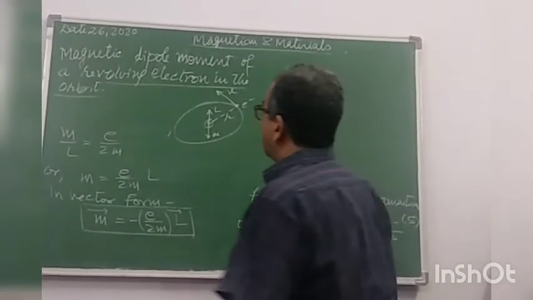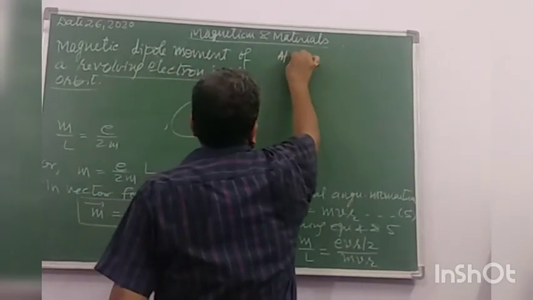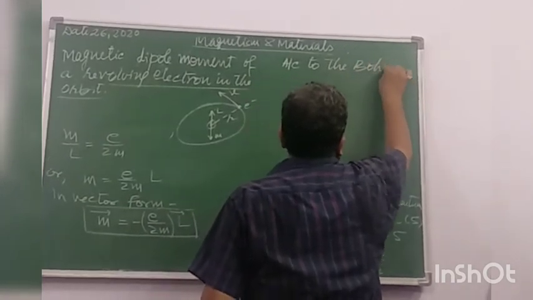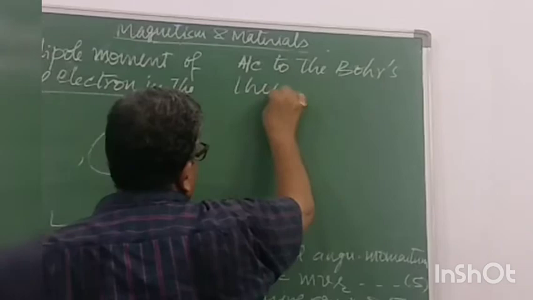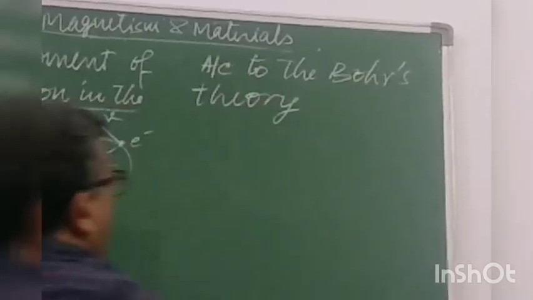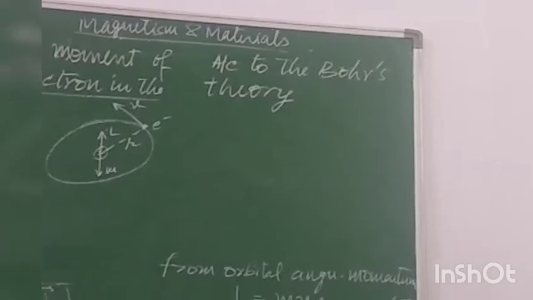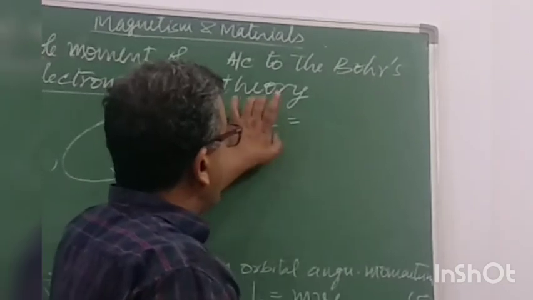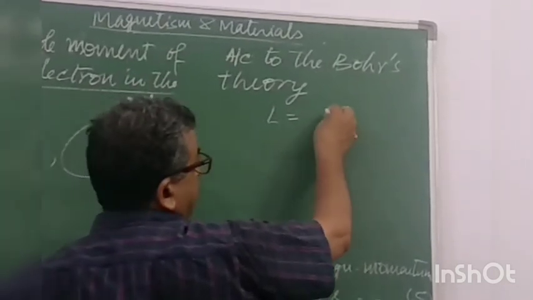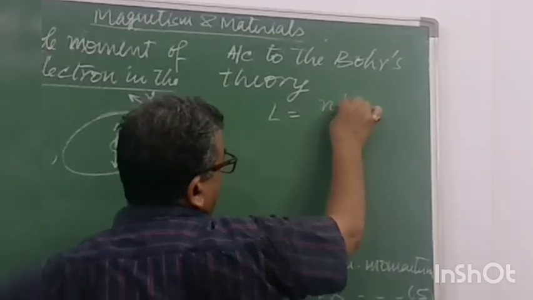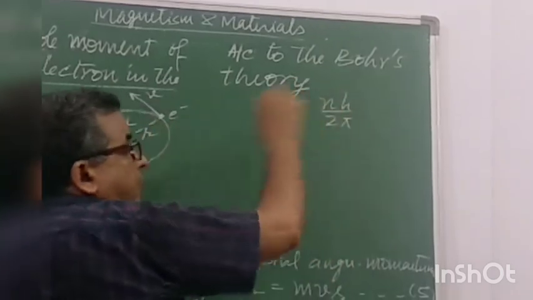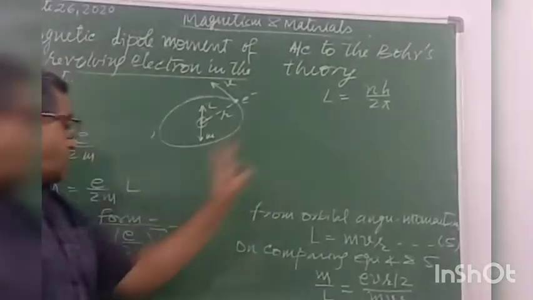Now according to Bohr's theory, the orbital angular momentum of the revolving electron in the atom is an integral multiple of h upon 2 pi. So this is the orbital angular momentum, and we can use this L here.